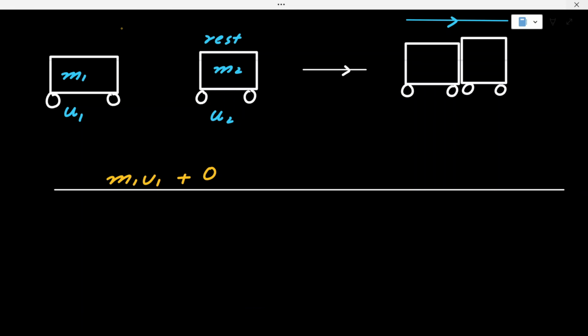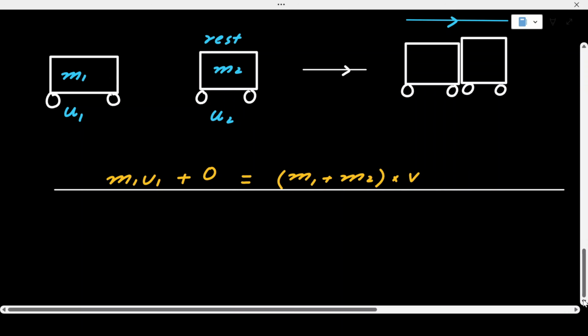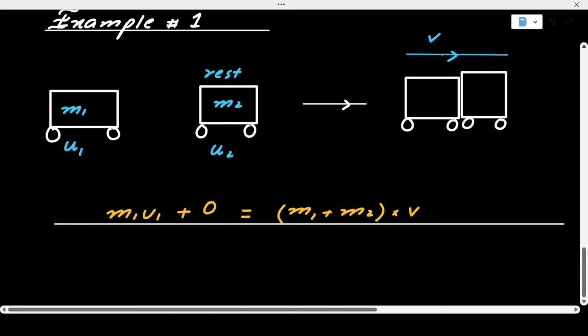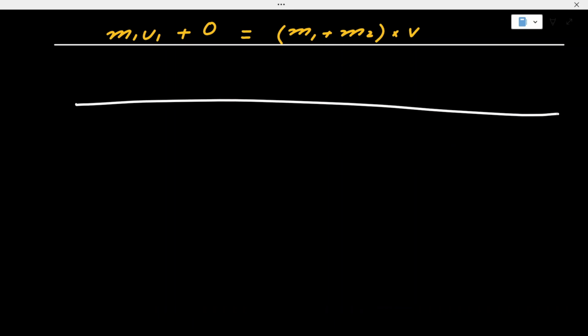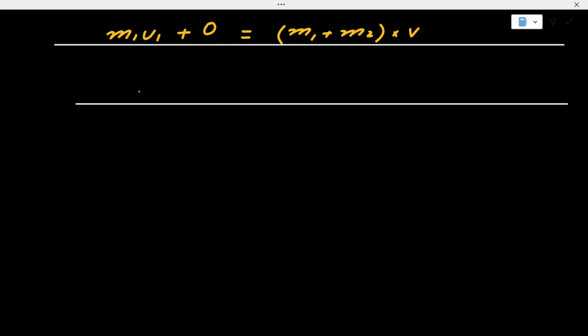So m1 u1 plus 0 equals (m1 plus m2), the combined mass, times the combined velocity, because they are moving collectively and both of them have a single velocity which is v. This expression is usually used to find the value of the final velocity.